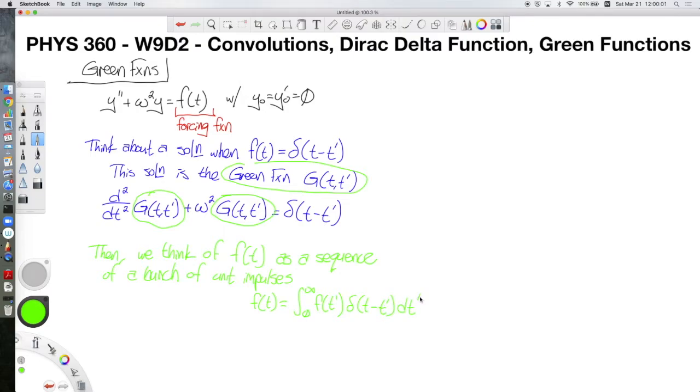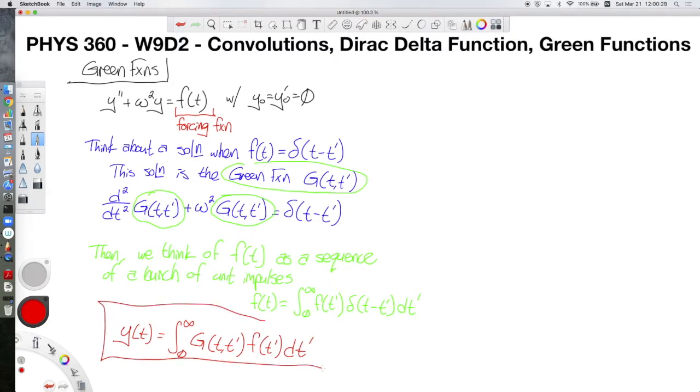At the end of the day, this allows us to find y of t by the following integral. So y of t is the integral from 0 to infinity of our Green's function, G of t, t prime, times f of t prime, integrated over dt prime. And this will be the actual solution for this problem.